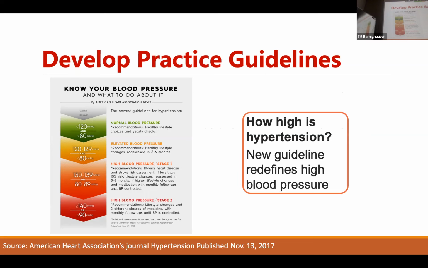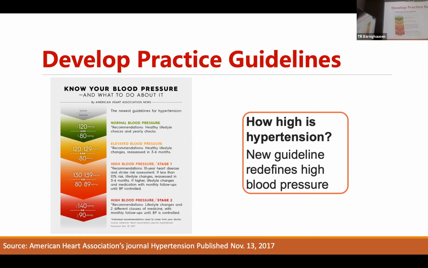But 2 years ago, the American Heart Association updated their blood pressure definition based on the latest evidence. Their new definition is high blood pressure once your systolic blood pressure is above 130 or your diastolic blood pressure is above 80 mmHg.